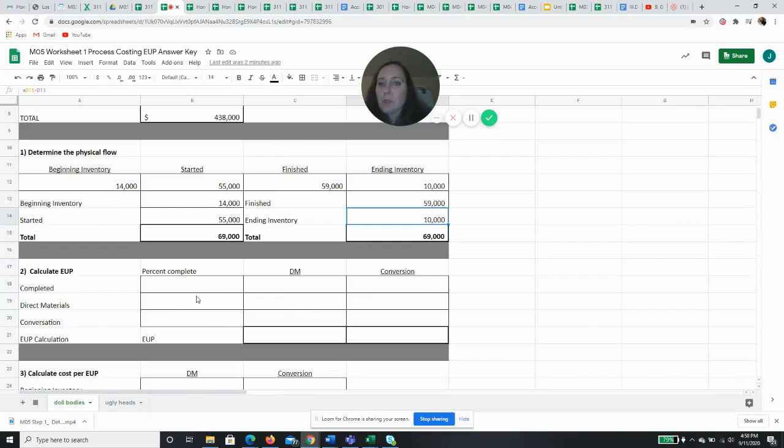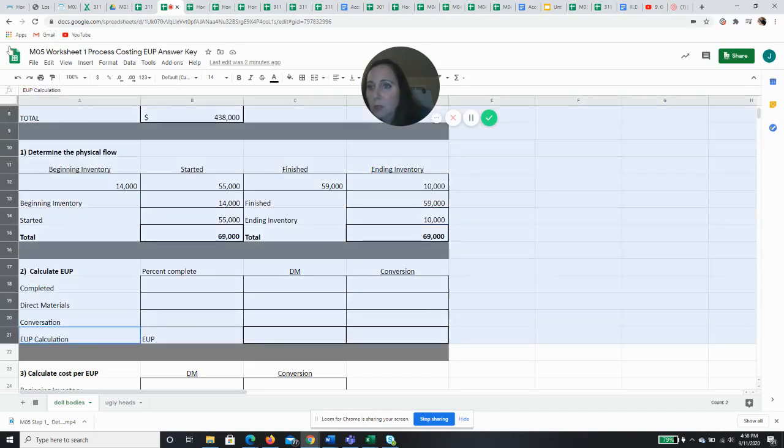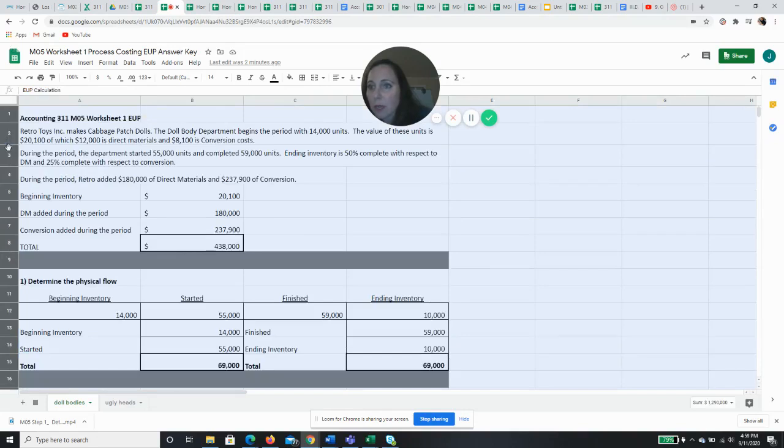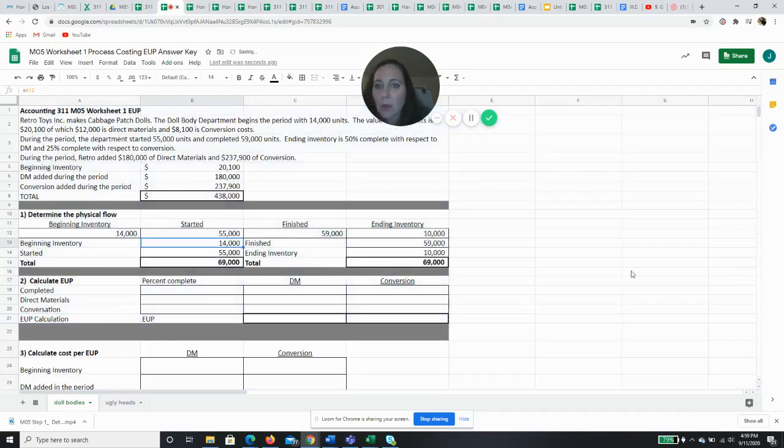All right, so now we need to figure out, and you know what, I'm just going to make this smaller to see more of this. Okay, we can. Good. All right. So let's start with figuring out what percent complete everything is at the end of the period.